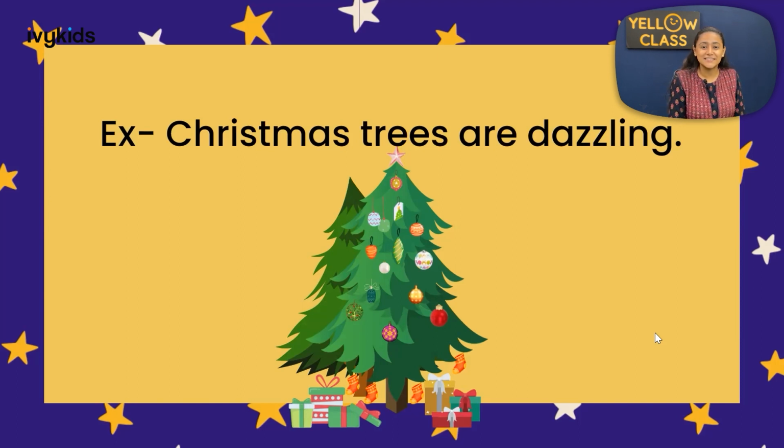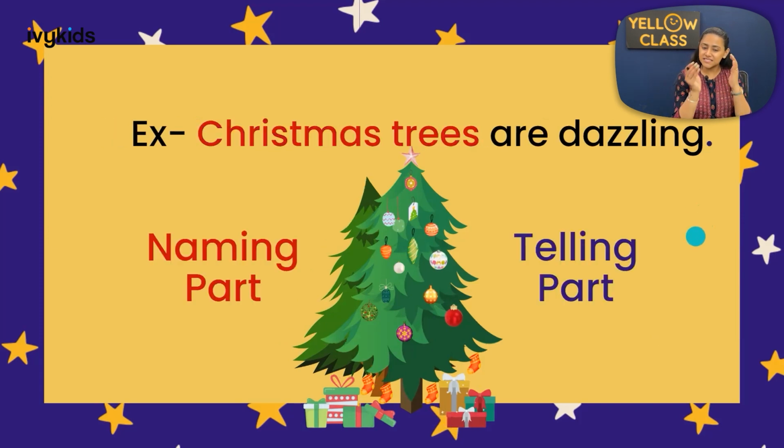The way I had already told you, person, place, animal or thing, they are the naming part. We are talking about them, right? So in this sentence, Christmas trees is the naming part, are dazzling is the telling part. The part of the sentence, are dazzling, is telling us something about the naming part, right?